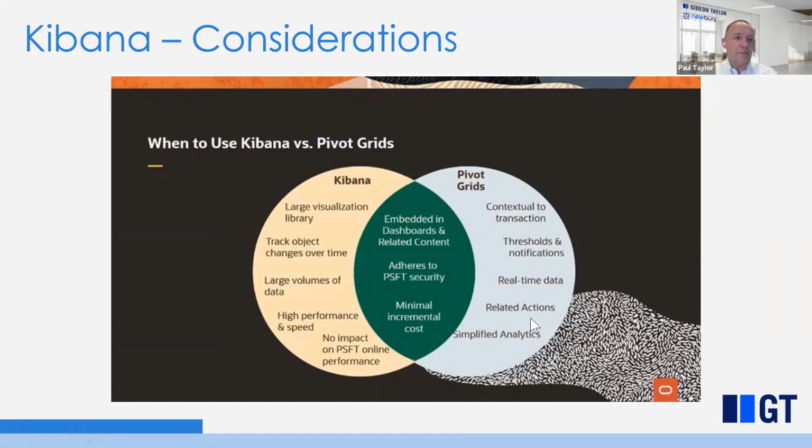And more easy to hook into related actions and to use as a basis for simplified analytics. Both of them, and we should add Oracle JET as well, can be used embedded in dashboards and related content, can follow PeopleSoft security, and really can add a minimal cost to deploy them.